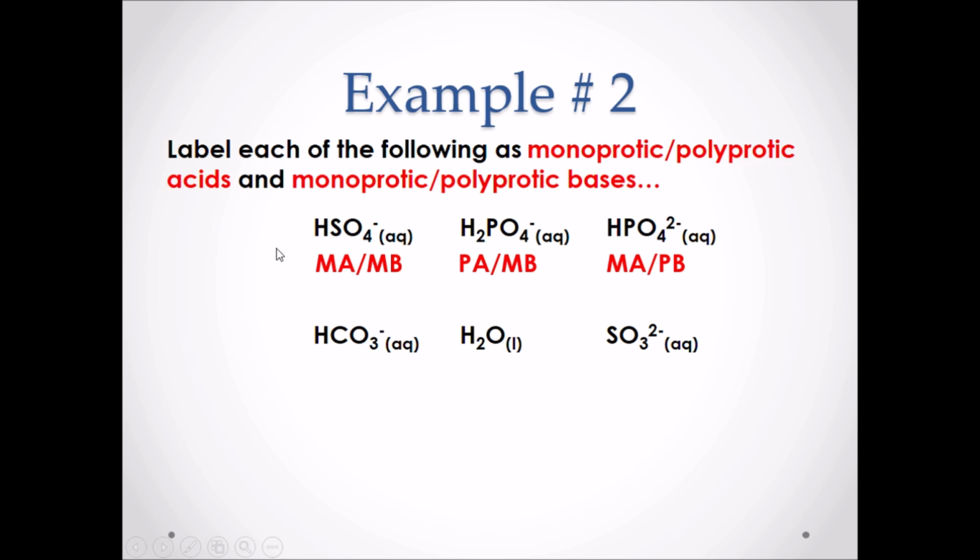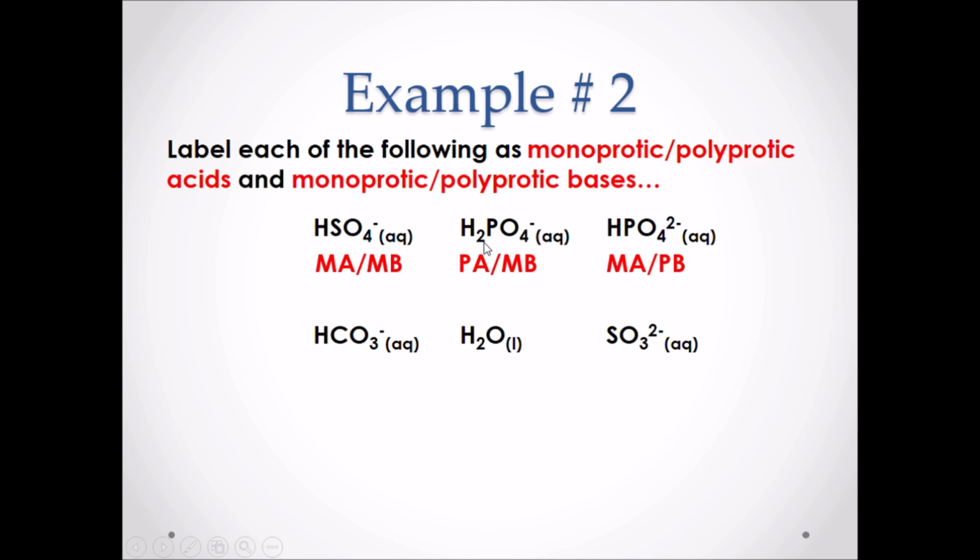Our first chemical formula, HSO4-, has 1 hydrogen, therefore it's a monoprotic acid, and it has a -1 charge, meaning it can only gain 1 hydrogen, making this a monoprotic base.